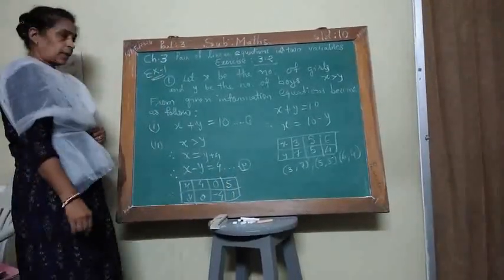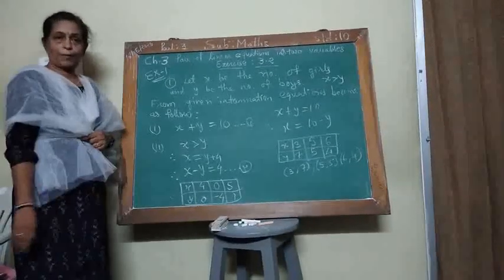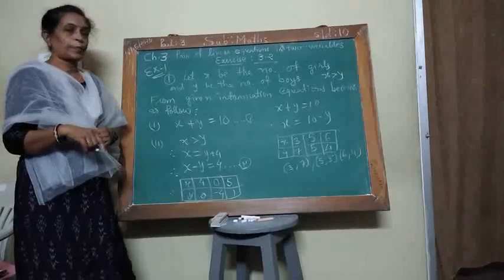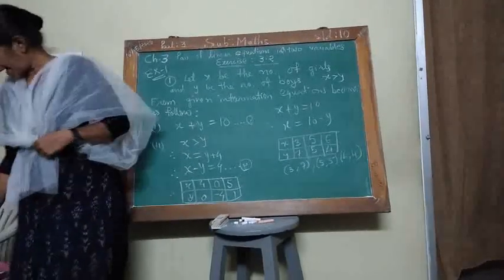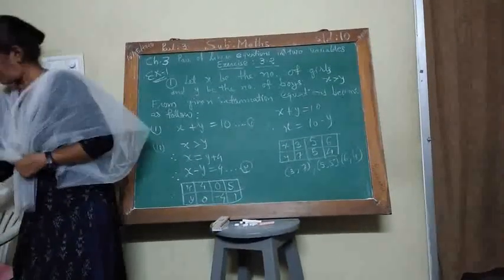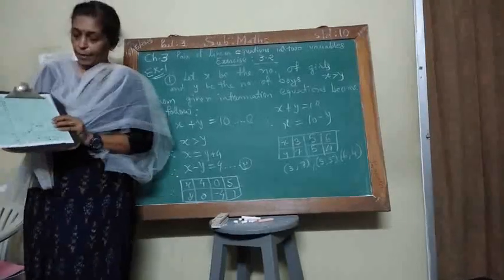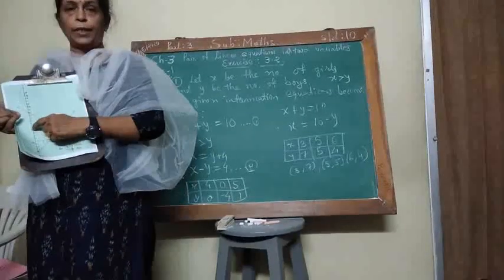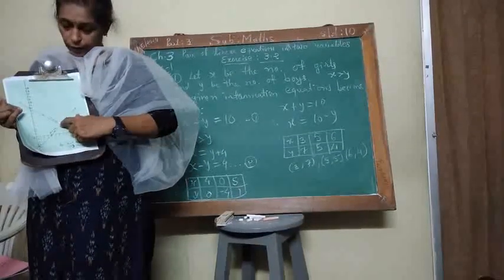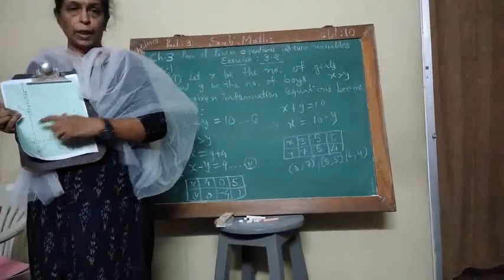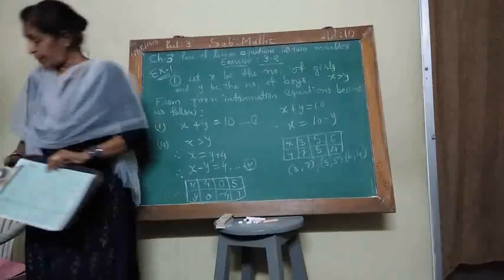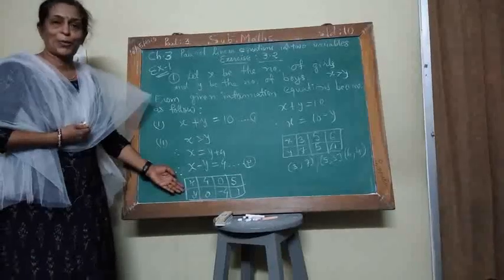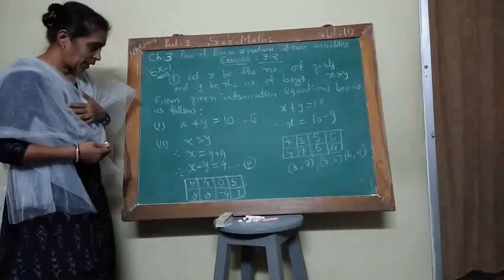Okay. And I give you homework: you do it on graph paper, and then you will obtain the values of x and y. On the graph paper, the x coordinate you get is 7 and the y coordinate you get is 3. So both lines intersect each other at 7, 3, and from this table also you can get 7, 3.